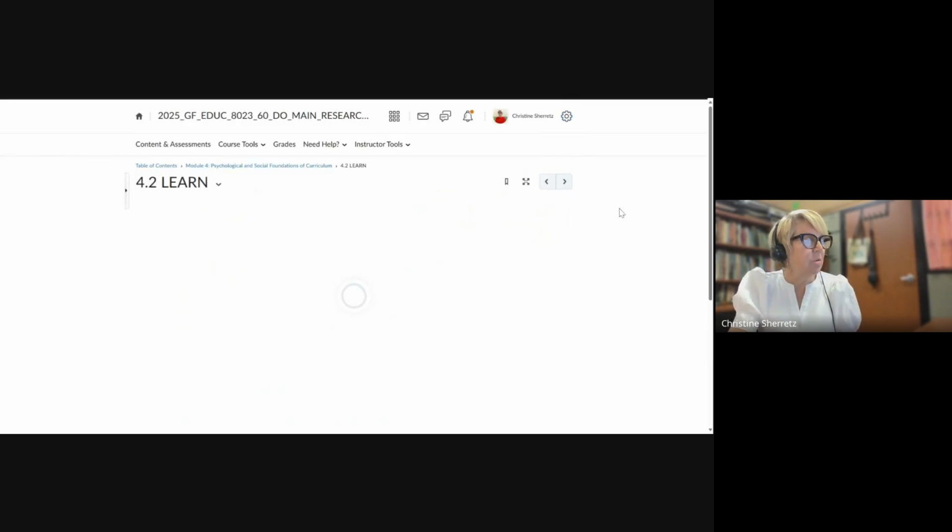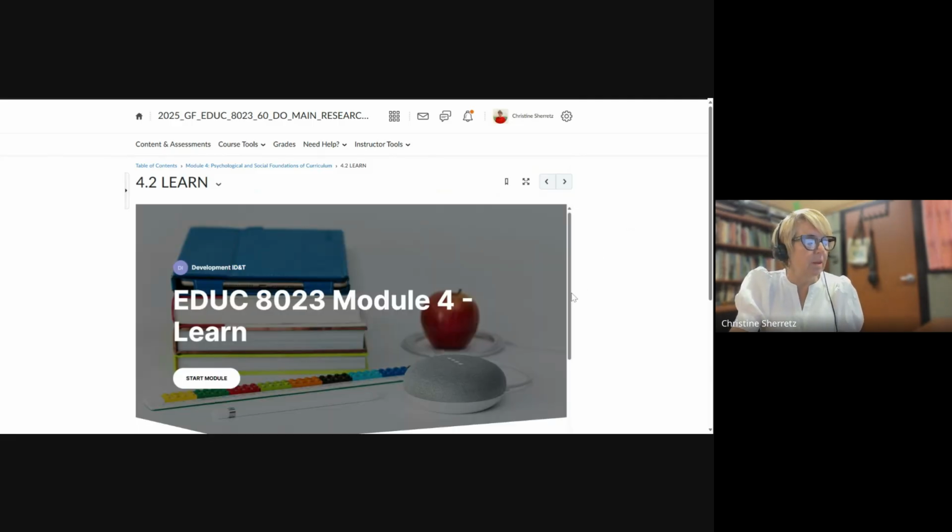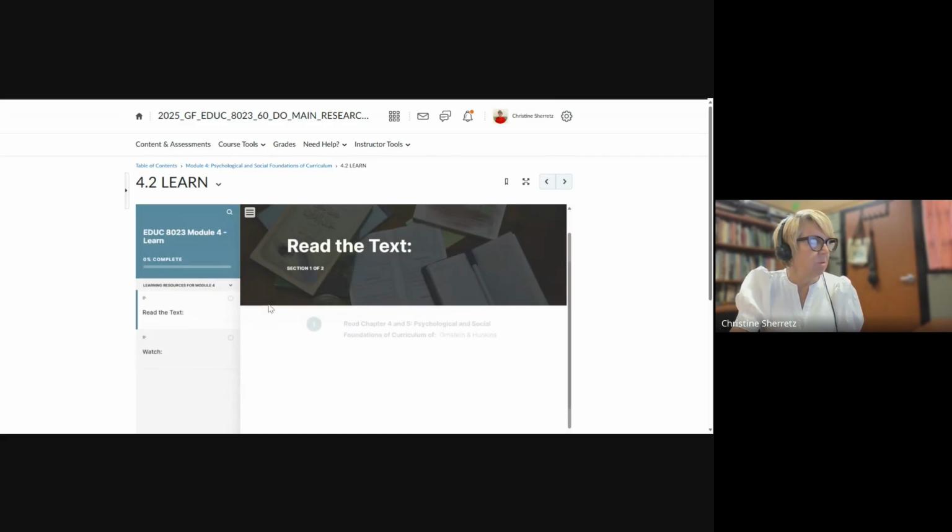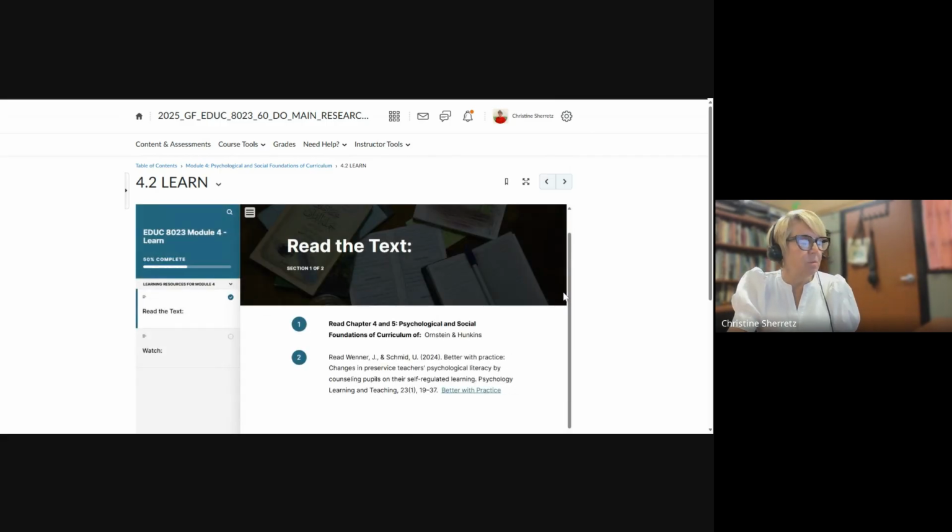Today we're going to be reading, I go to the Learn part here, start my module. We're going to be reading chapters 4 and 5, Psychological and Social Foundations, in your textbook. And then you have one article, Better with Practice: Changes in Pre-Service Teacher Psychological Literacy by Counseling Pupils on Their Self-Regulated Learning.